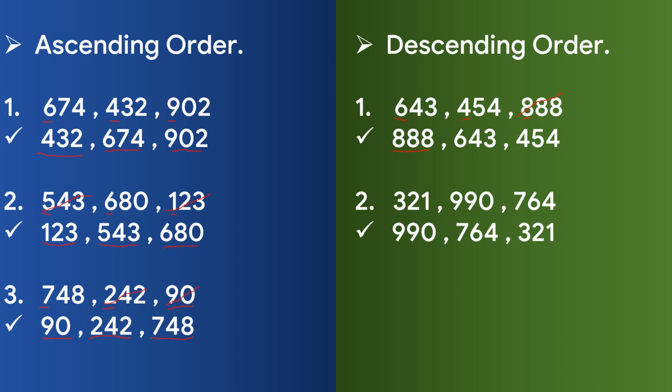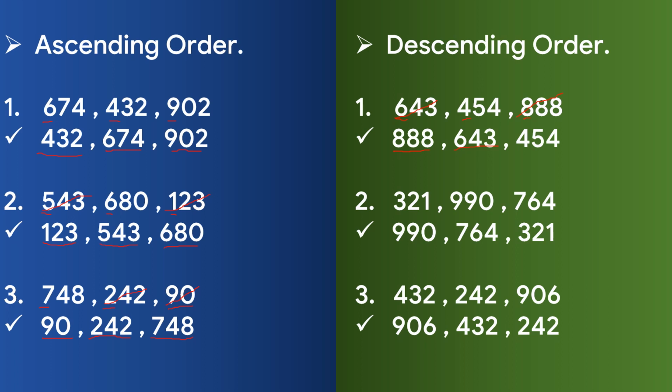After that, which one is the biggest number? It's 643. So just cut this 643 and write down 643, and 454 is remaining. So you have to put 454 as it is.